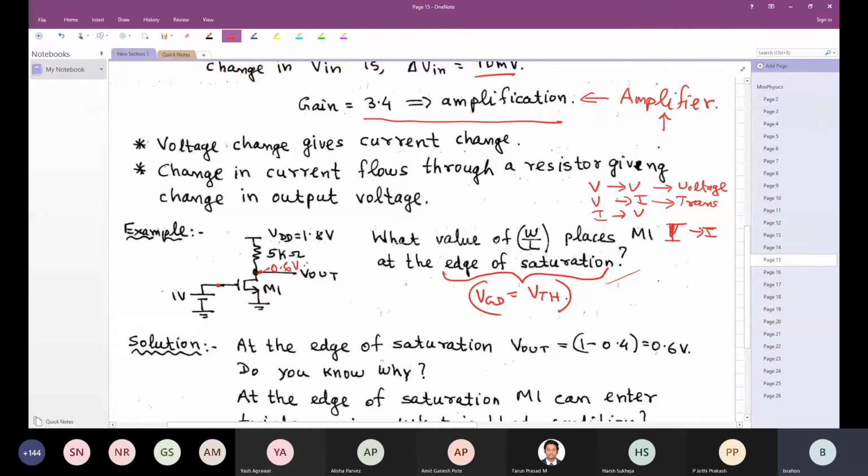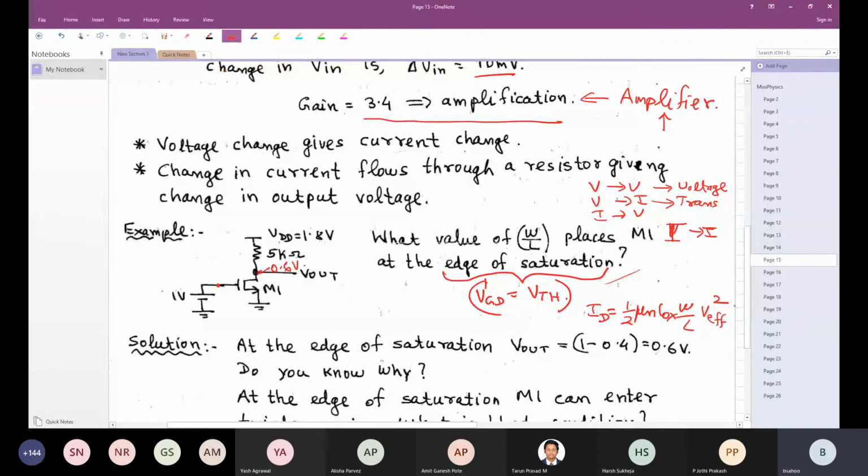So therefore, now I have a resistor between 1.8 and 0.6 volts, so I can exactly find out the drain current. Once I know the drain current, and I know the expression for drain current, ID at the edge of saturation is equal to 1/2 mu n Cox W over L V effective squared. VGS minus VTH is V effective.